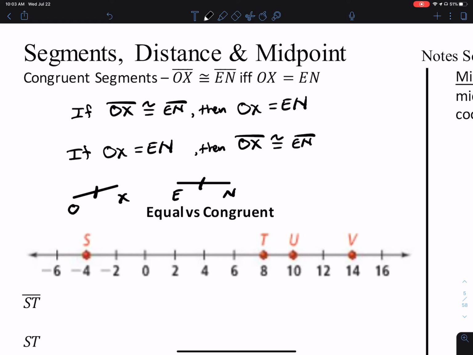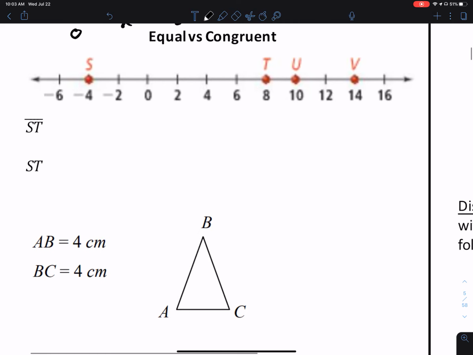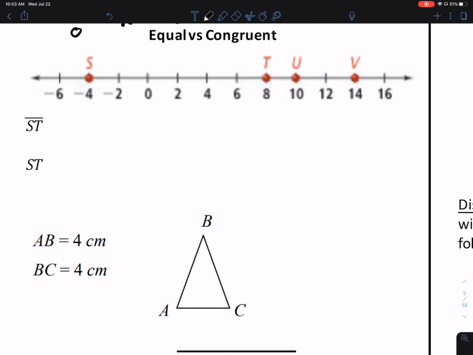Let's get deeper into this equal versus congruent, because this is a very subtle thing that is very important, and it's going to take a while for you to fully embrace this concept. I mean, it usually takes students a while. Equal versus congruent. So in this picture, we have segment ST, and I would like to make a congruent statement.